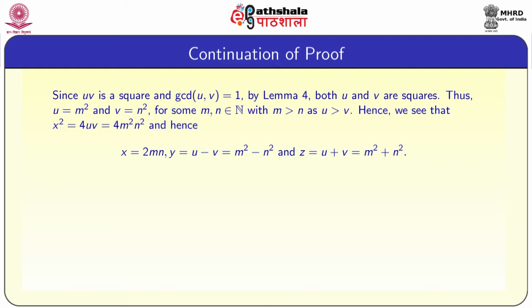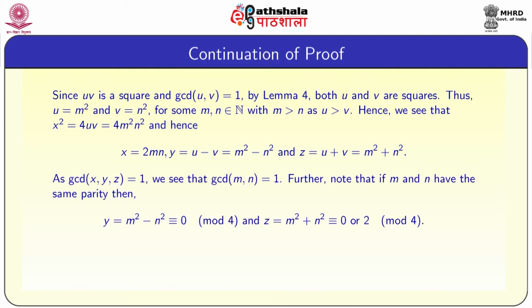Hence, we see that x square equal to 4uv, which is equal to 4 times m square into n square, and hence we have x equal to 2mn and y is equal to u minus v. So, u is m square and v is n square. So, m square minus n square, and z equal to u plus v. So, we have m square plus n square. Now, it is easy to check that x square plus y square equal to z square will be true.